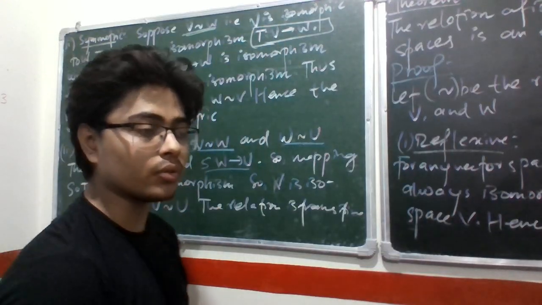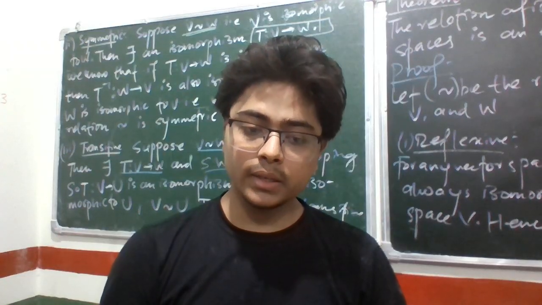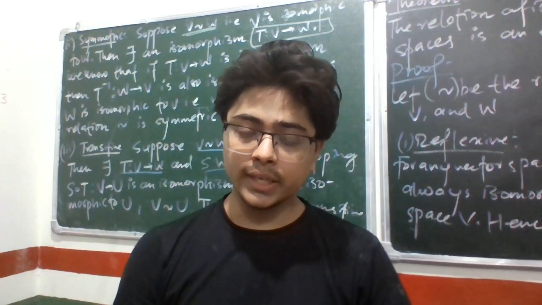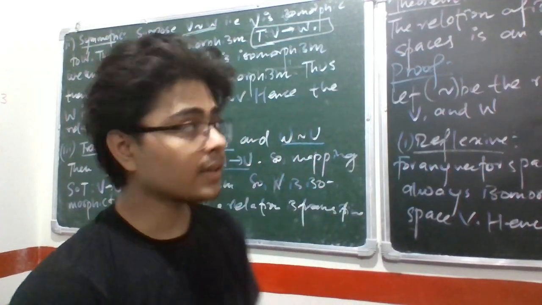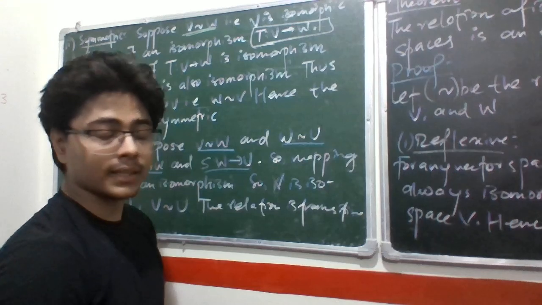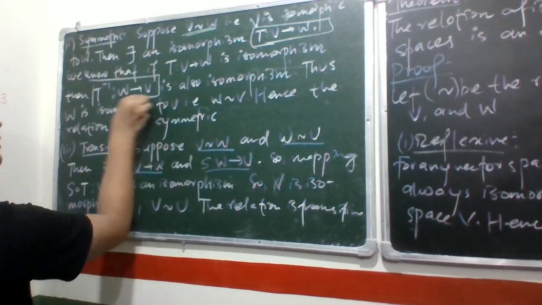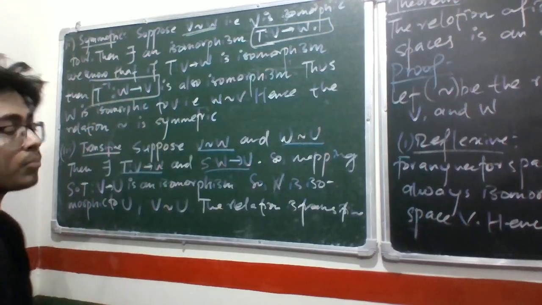Now we also know from the properties of the transformation that if we consider the inverse of the transformation, then the range set becomes the domain set and the domain set becomes the range set. That means if this type of transformation exists, then this type of transformation, which is the inverse transformation T inverse such that W maps to V, must also exist.